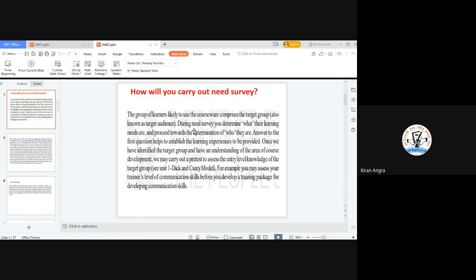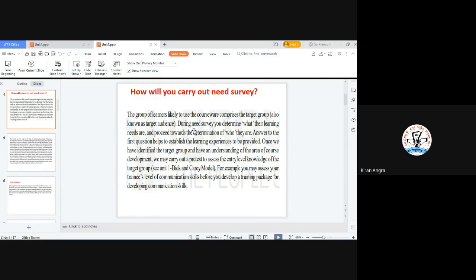Answers to these questions help us establish the learning experiences to be provided. Once we establish the target group and have an understanding of the area of course development, we may carry out the assessment of the entry level knowledge.